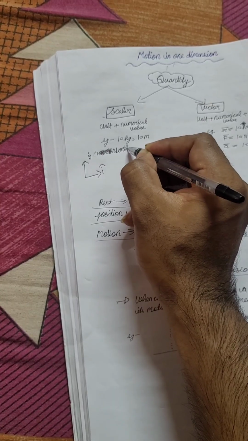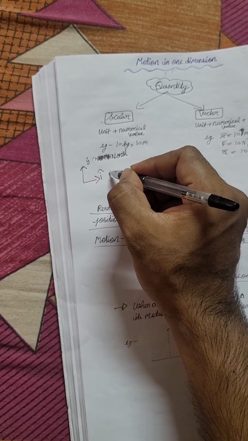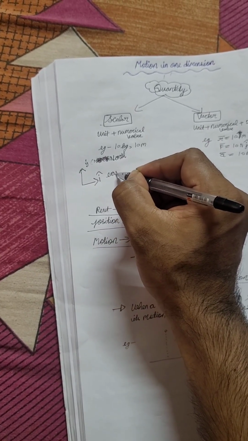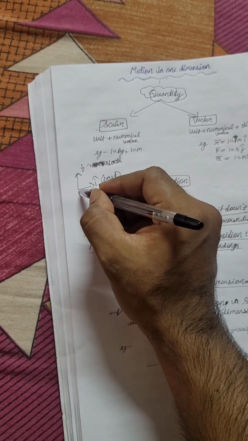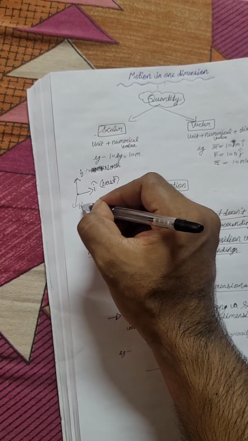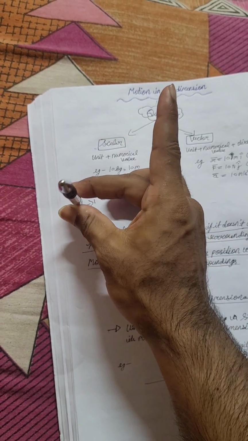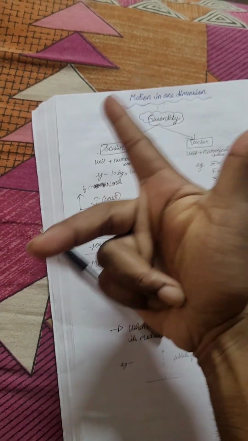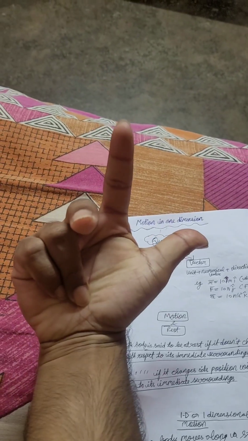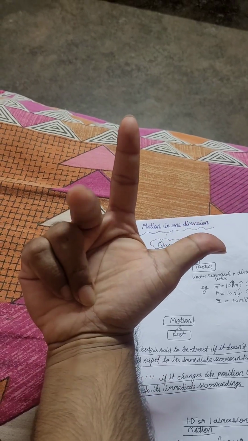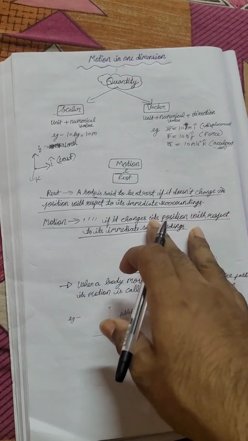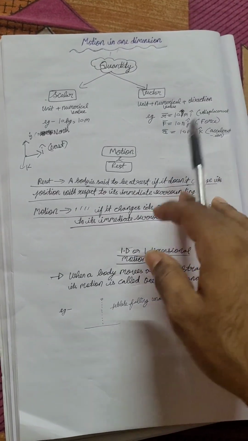J cap is north, i cap is east, and k cap is pointing outwards, in this direction, the pen direction. So basically this is j cap, this is i cap, and this is k cap. These are just directions to make you understand the concept of vector.